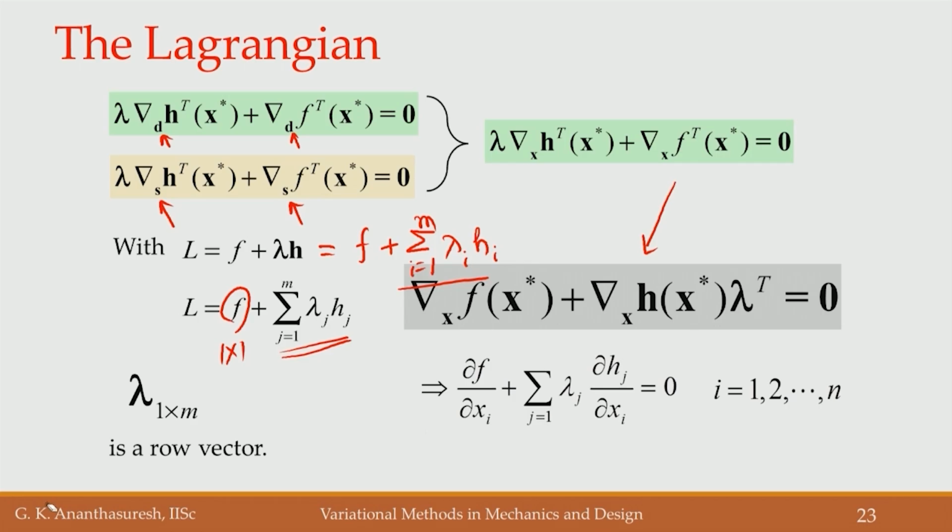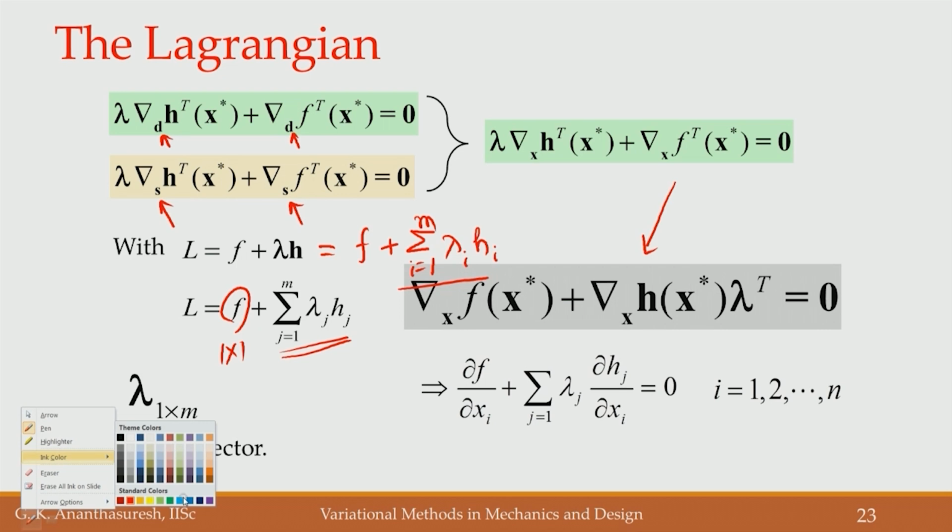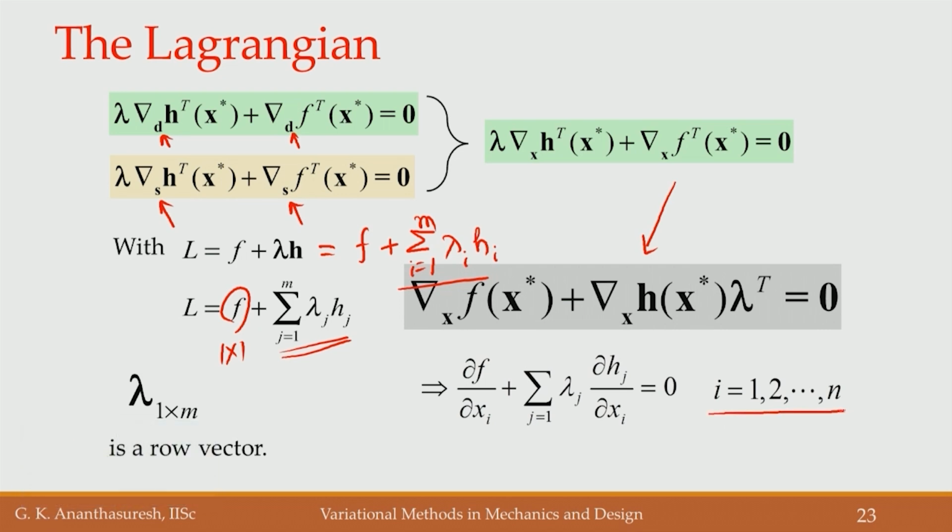So, what we have here is that, for i equal to 1 to n, we have dou f by dou x i plus summation j equal to 1 to m of lambda j dou h j by dou x i equal to 0, which becomes the necessary condition.